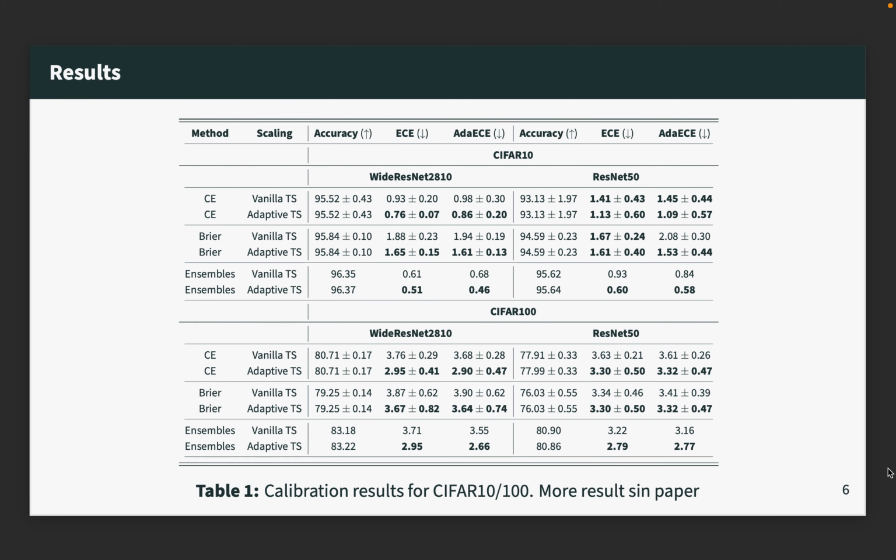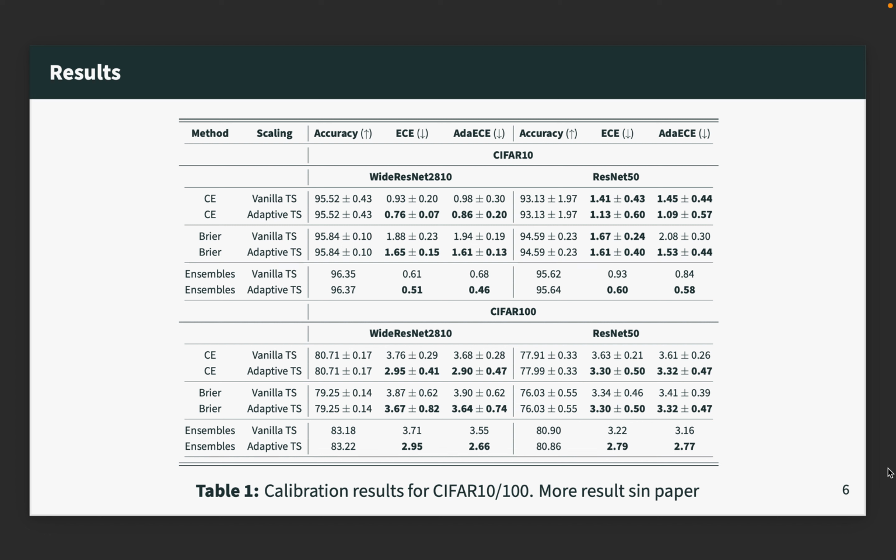So here you can see in the results that in all situations adaptive temperature scaling outperforms vanilla temperature scaling. We tested this on two networks, Wide ResNet and ResNet 50, on the two datasets CIFAR10 and CIFAR100. We also have additional results for Tiny ImageNet in the paper.